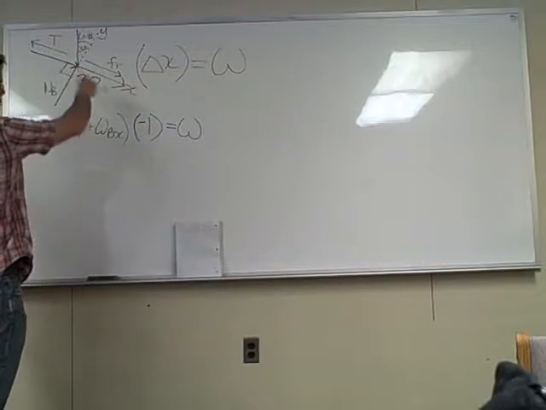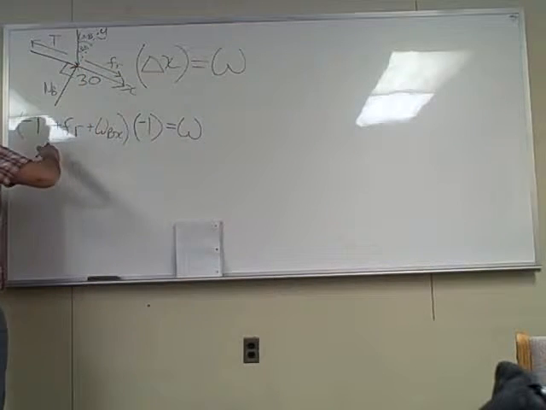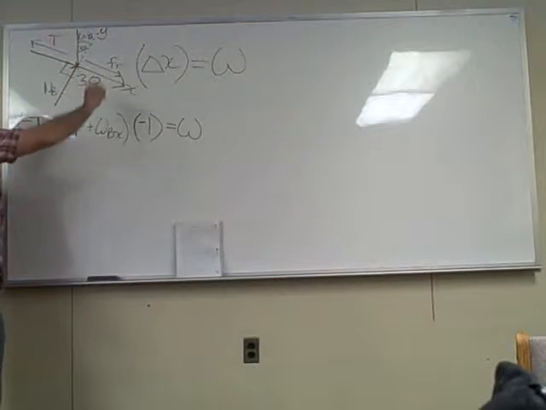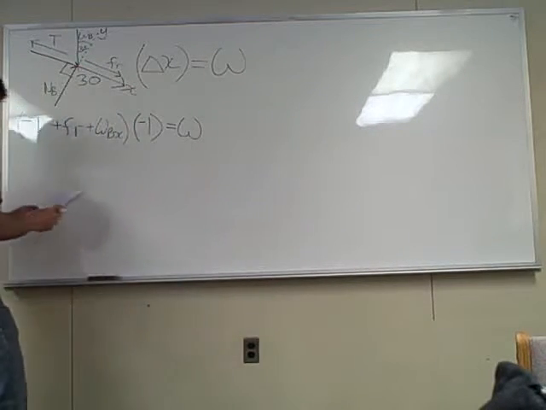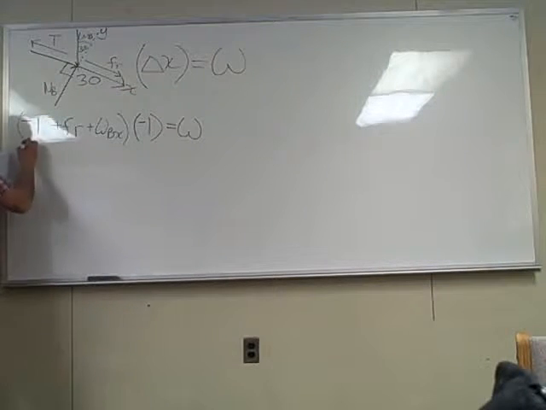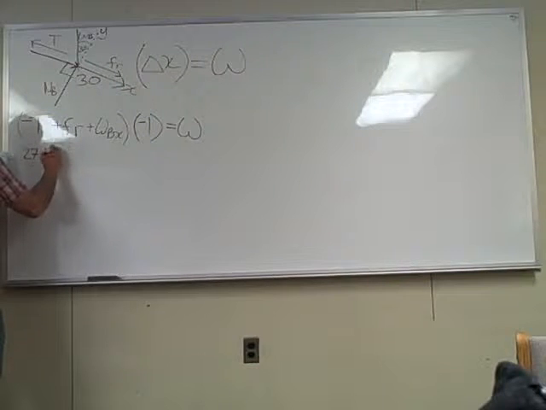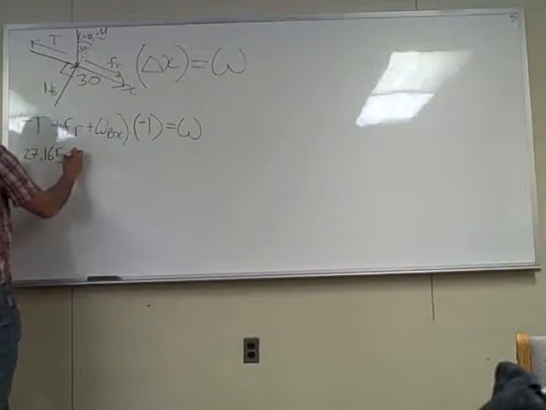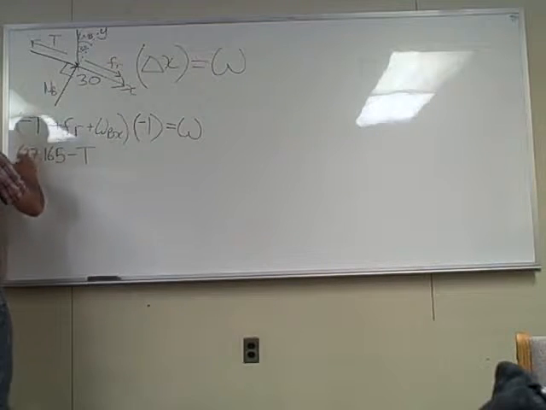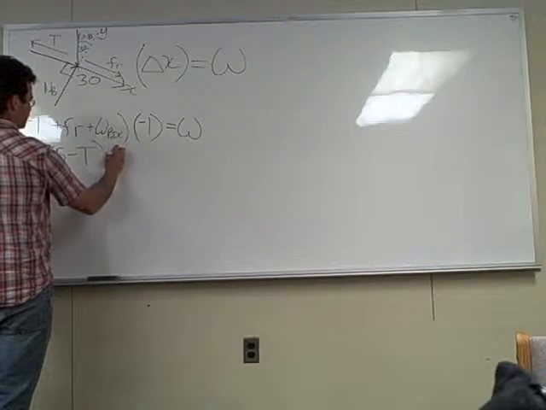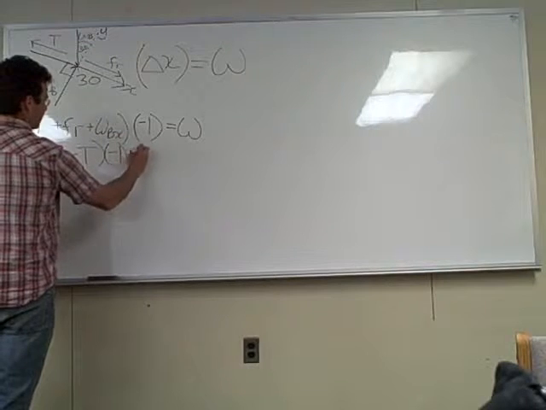And once I go through and solve for friction and solve for the weight in the x direction and substitute in, I get 27.165 minus my tension times negative 1 equals my work.